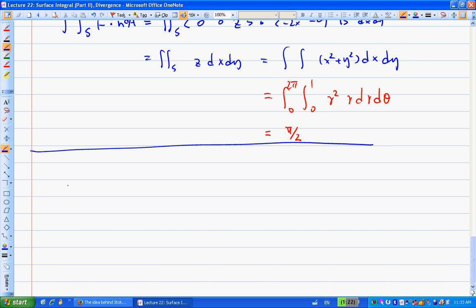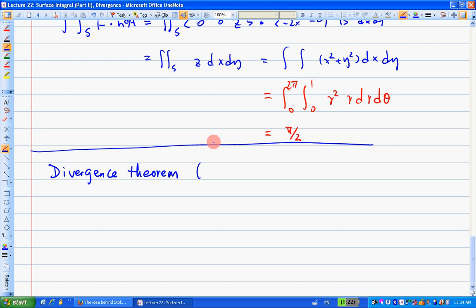Okay, so now what I want to talk about next is the two important theorems. One is the Divergence Theorem, and the other is the Stokes Theorem. Let me write down the theorem first, and then we'll explain it a little bit.